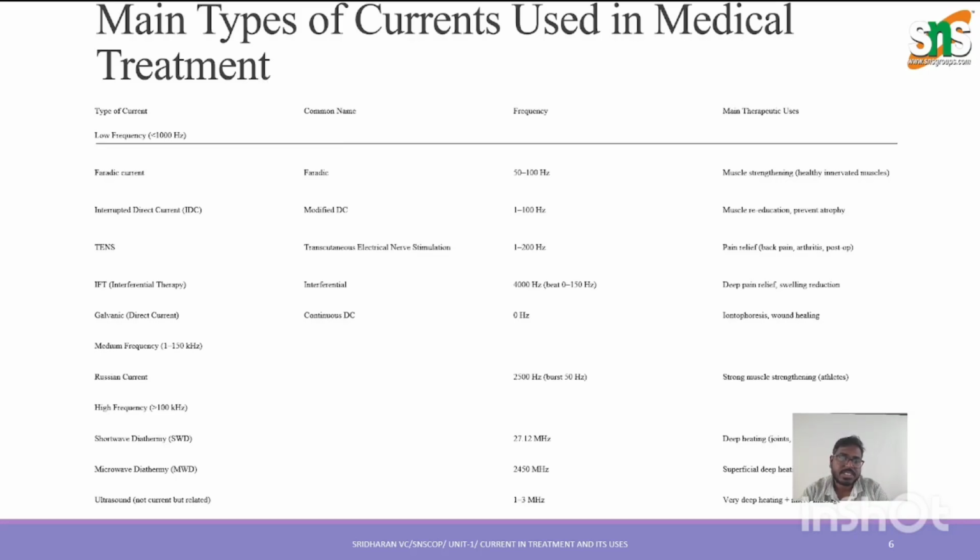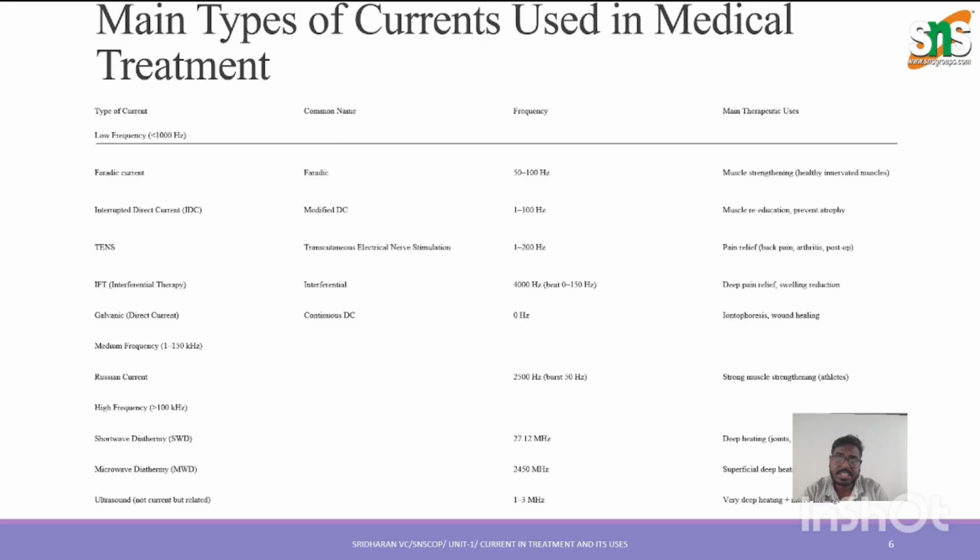Next, the medium frequency currents, where the frequencies lie between 1 kilohertz to 150 kilohertz. The Russian current is also one of the medium frequency currents, where the frequency is 2500 hertz, which mainly helps in strong muscle strengthening, mainly used for treating athletes.